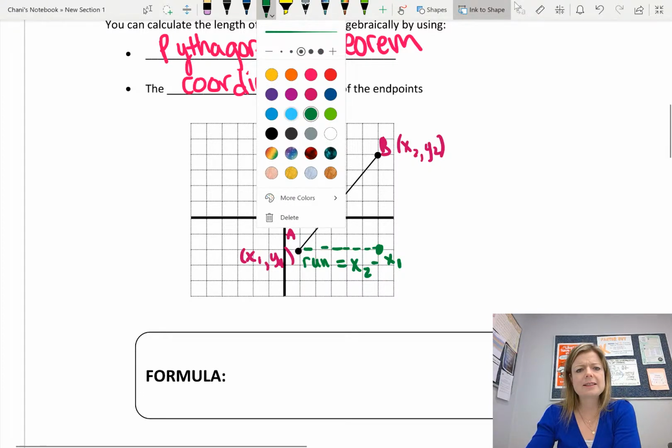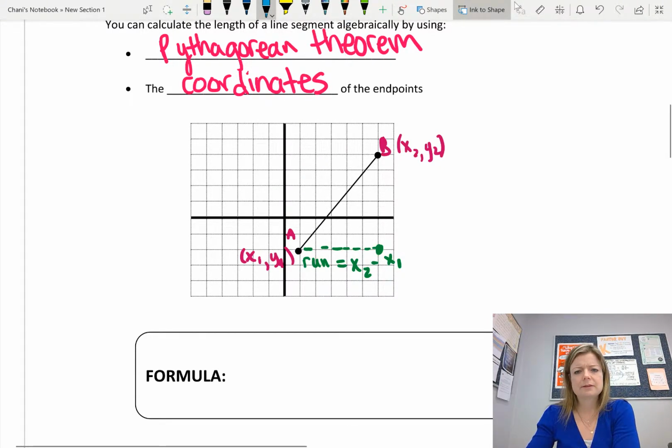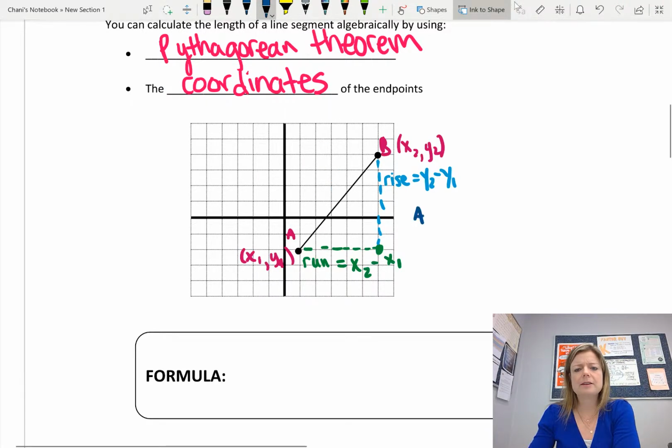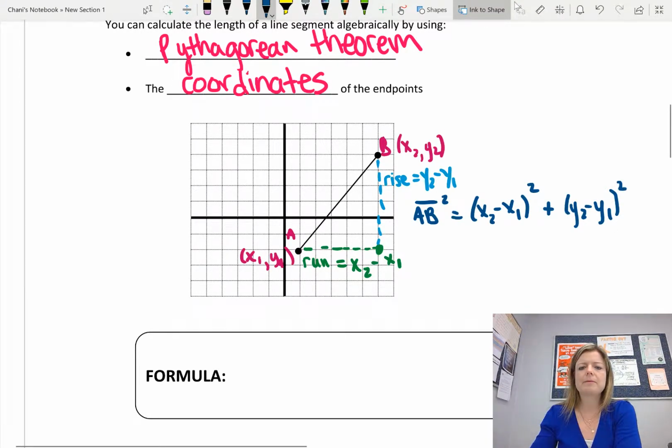And then the rise is the change in the y values. So the rise is just equal to y2 minus y1. So our distance formula, the distance from A to B, squared, is equal to the run, so x2 minus x1, all squared, plus our rise squared, so y2 minus y1, all squared.